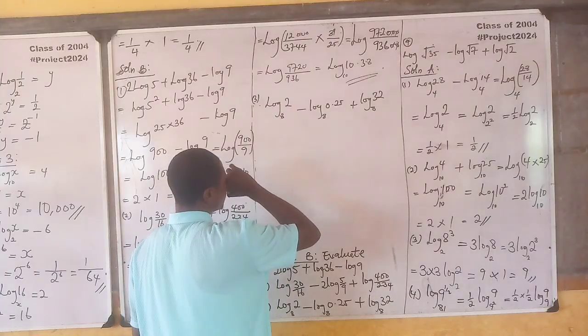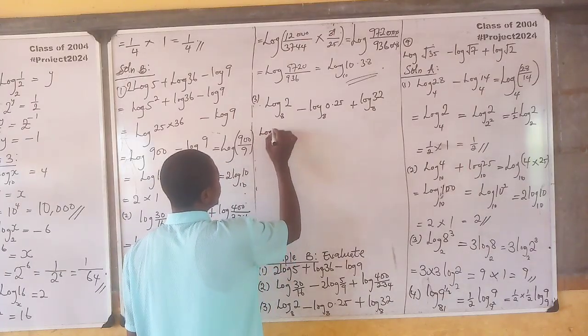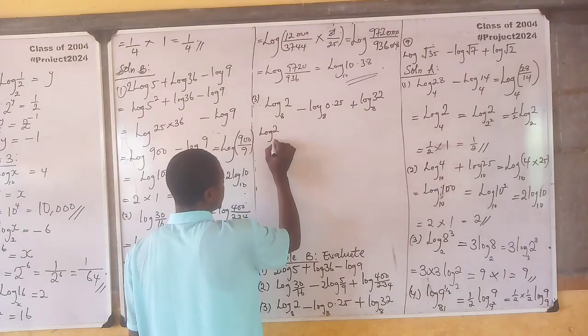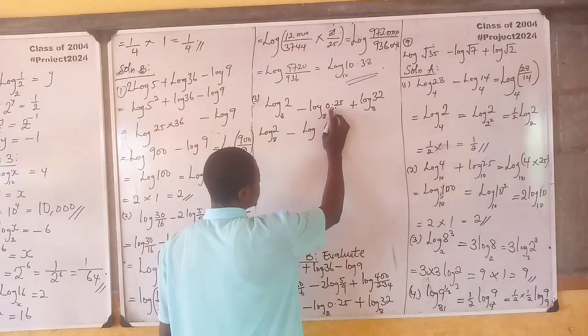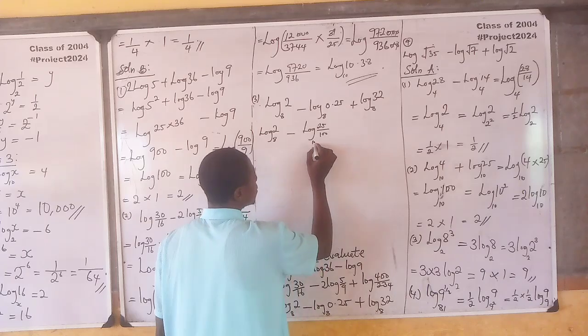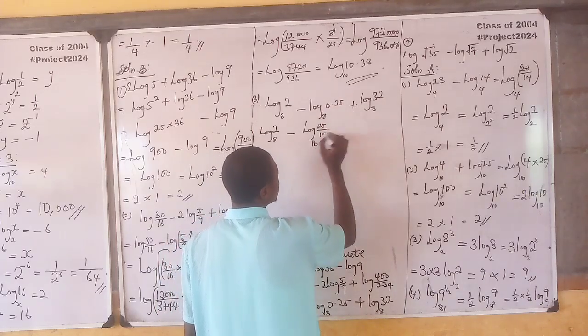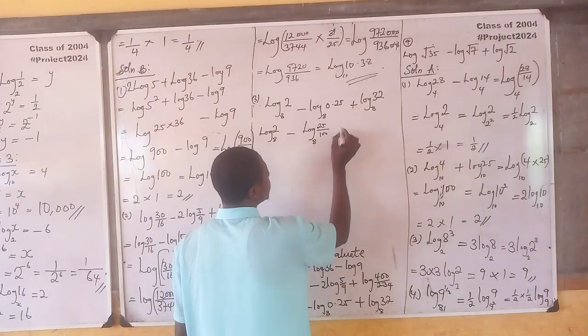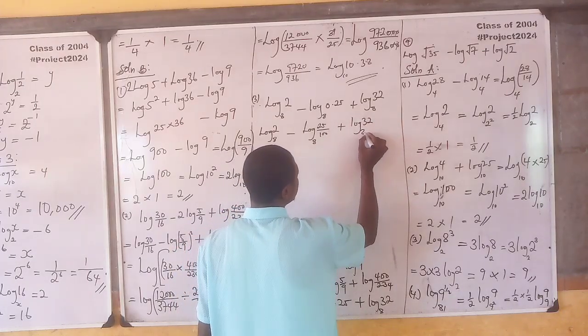Of course, from this particular point here, you will agree with me that 0.25 is the same thing as 25 all over 100. If you convert this in decimal, it will give you 25 over 100, and it's in base 8. Then plus log of 32 to base 8.